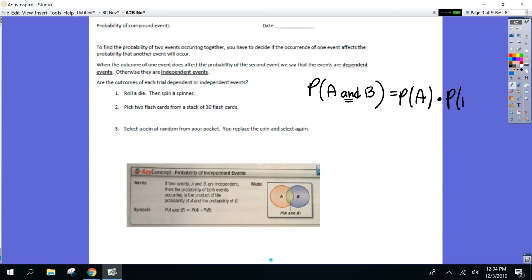And when I see the word and in between 2 things, I am thinking multiplication, multiplication, multiplication. So when I see the word and, I'm going to multiply 2 probabilities together.